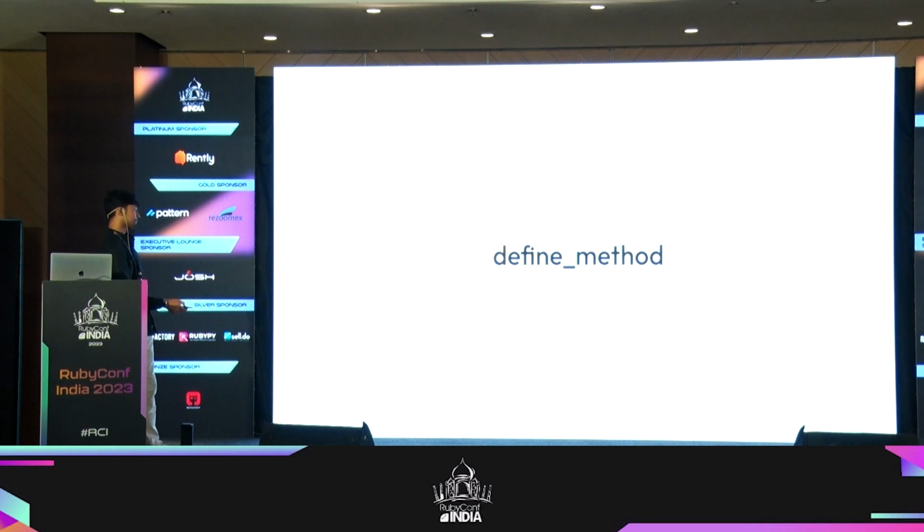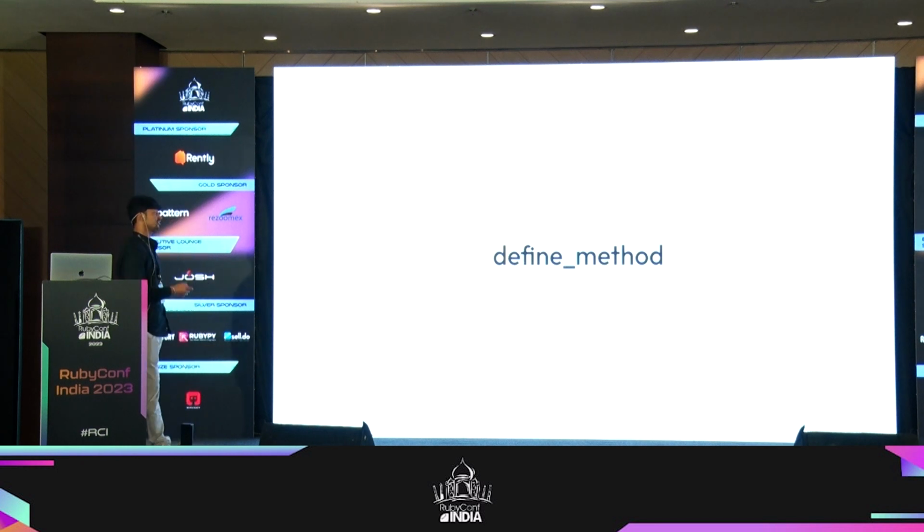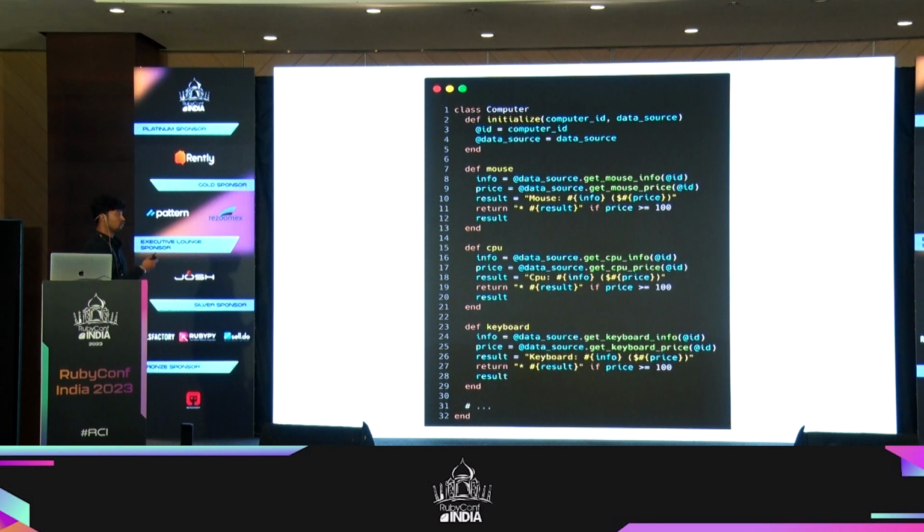Okay. So dynamic dispatch was one, and second we have define_method. Metaprogramming is all about dynamically creating something on the fly. So define_method creates methods on the fly. Without an example, we cannot understand. Let's see. This was the class which I need to refactor.